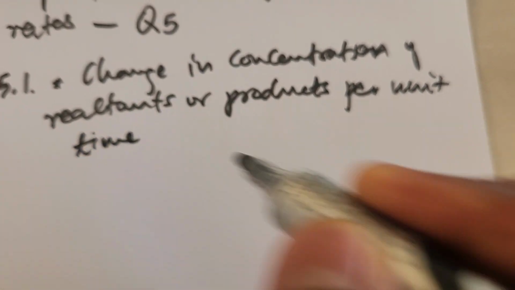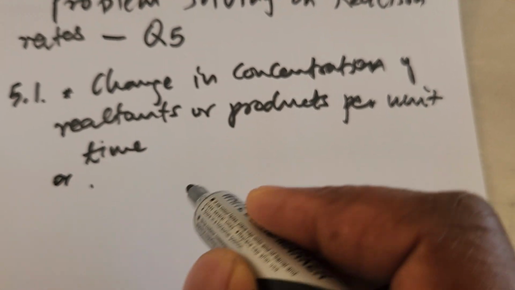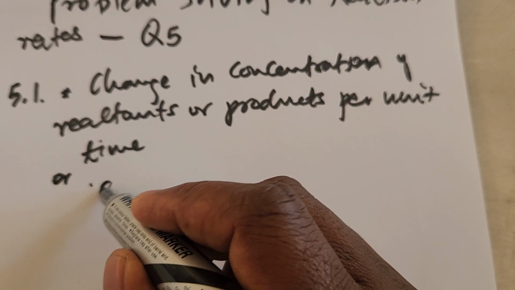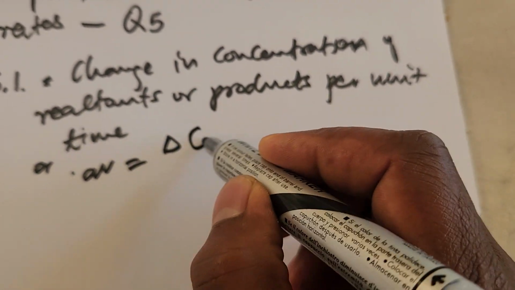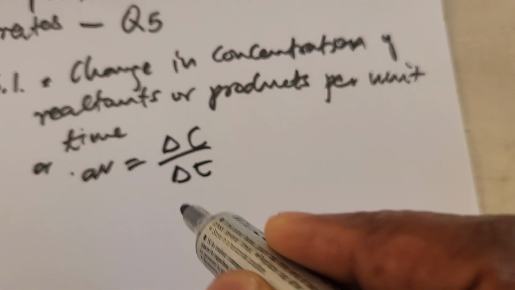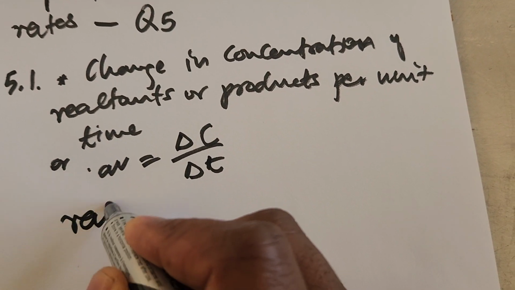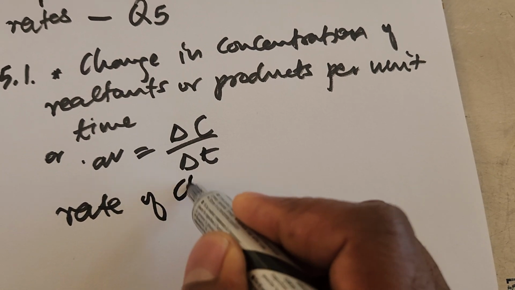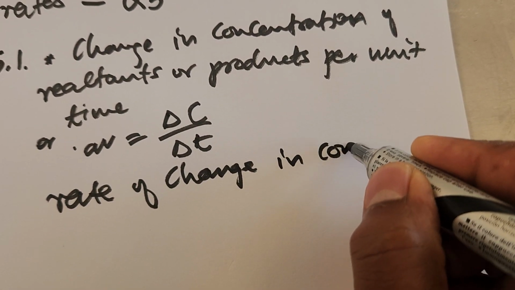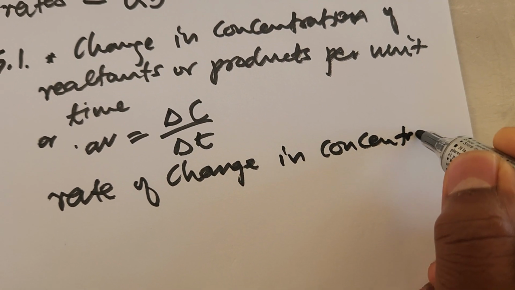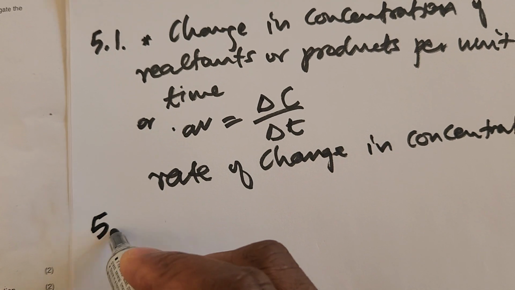Change in concentration of the reactants or products per unit time, or one can just use the formula of saying the average rate is delta C over delta T, just to say the reaction rate will be the rate of change in concentration. Okay, 5.1 we are done.